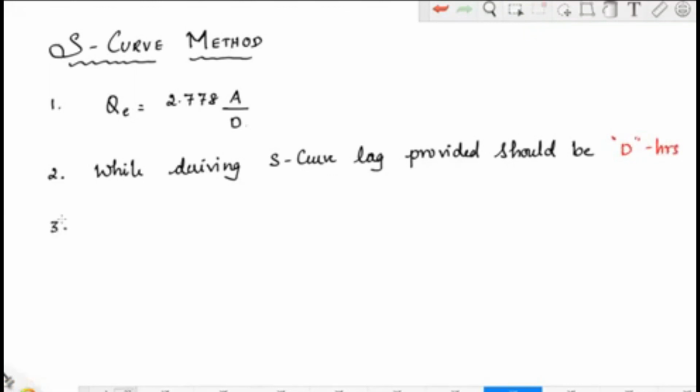Third point: in this equation, QE will be in meter cube per second, area should be in kilometer square, and duration should be in hours. While deriving the S curve, remember that the lag provided should be D hours.